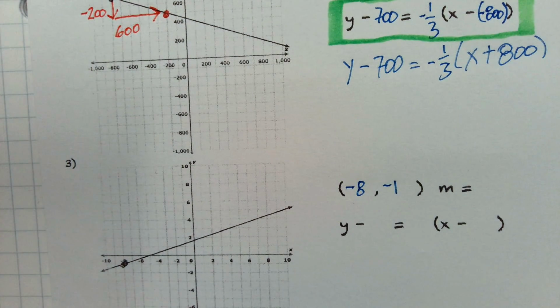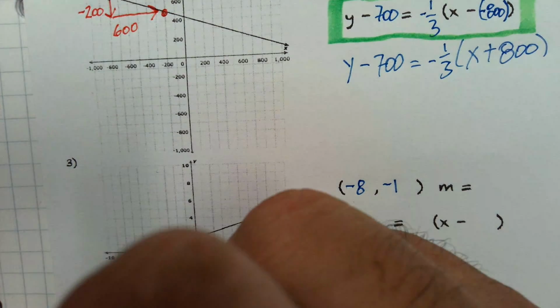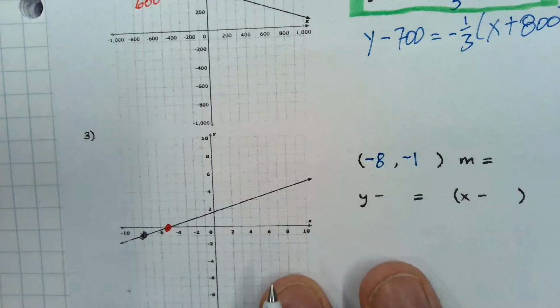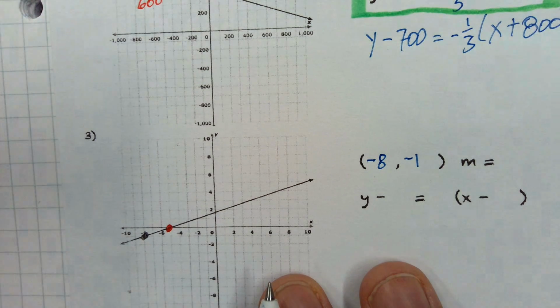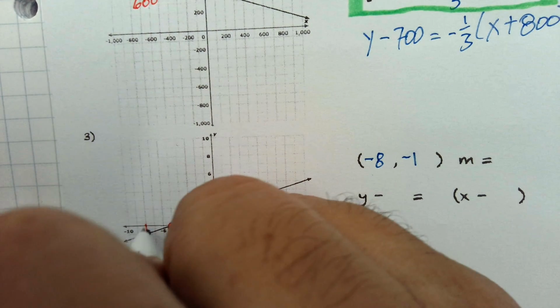And let's find the slope. I'll pick that one. Okay, what's the slope for this one? 1 over 3.